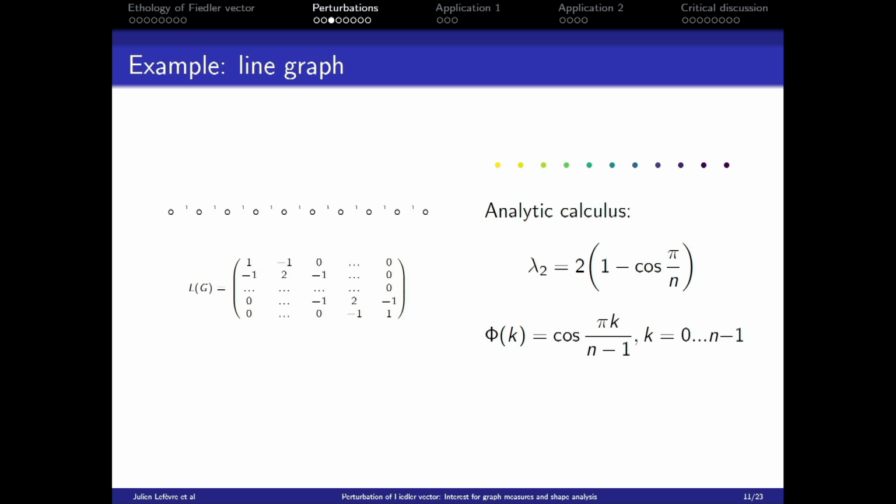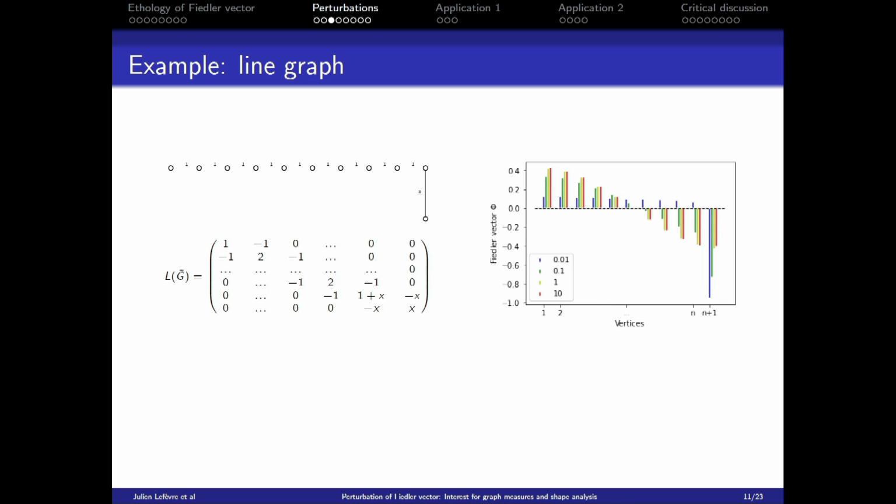And just an example with the line graph here with the Laplacian matrix. You have quite easy calculations that give you the Fiedler vector. This is a cosine function. And if you add a perturbation on this line graph, just adding this x weight at one boundary of the graph, and you make this perturbation vary, you will observe this behavior.